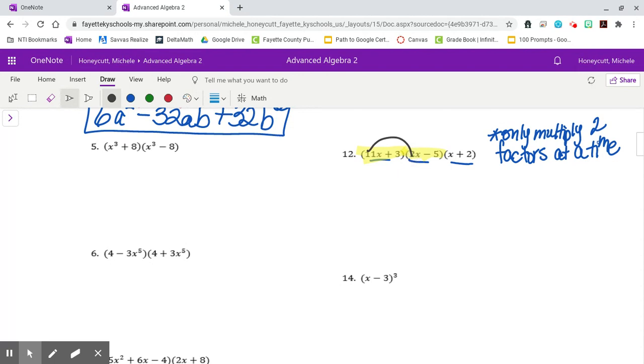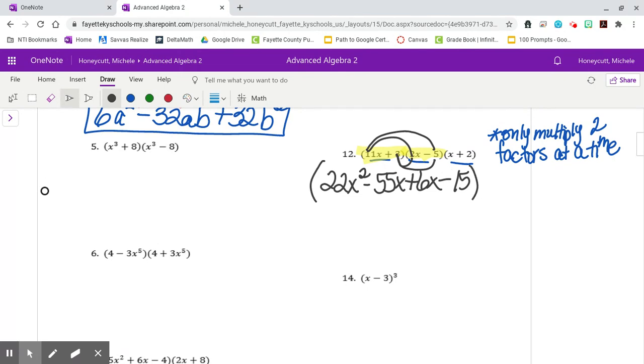So 11x times 2x is 22x squared. 11x times negative 5 is minus 55x. 3 times 2x is plus 6x. And 3 times negative 5 is minus 15. So I'm going to bring down the x plus 2. Then I'm going to combine any like terms.